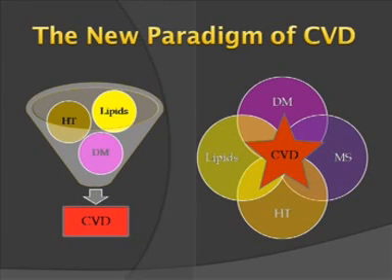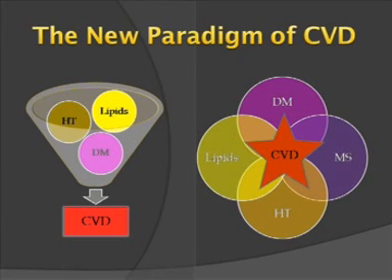Today's paradigm is cardiometabolic risk is the central one over which the diabetes, lipids, hypertension and metabolic syndrome all contribute their respective shares, and there is a lot of overlap of diabetes and metabolic syndrome and hypertension, hypertension and dyslipidemia, dyslipidemia and diabetes, dyslipidemia and metabolic syndrome, and various combinations.